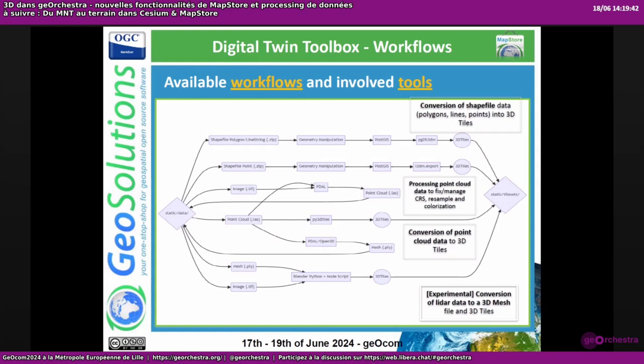Okay, then for the processing through PDAL of the CRS, the colorizations of point clouds, resampling and stuff like that, and specific processes and workflows for the direct conversions to 3D tiles, including tiling parameters and tuning and other properties mostly connected to 3D tiles, like the geometric errors and things like that. And we have also an experimental process for generating meshes from point clouds.